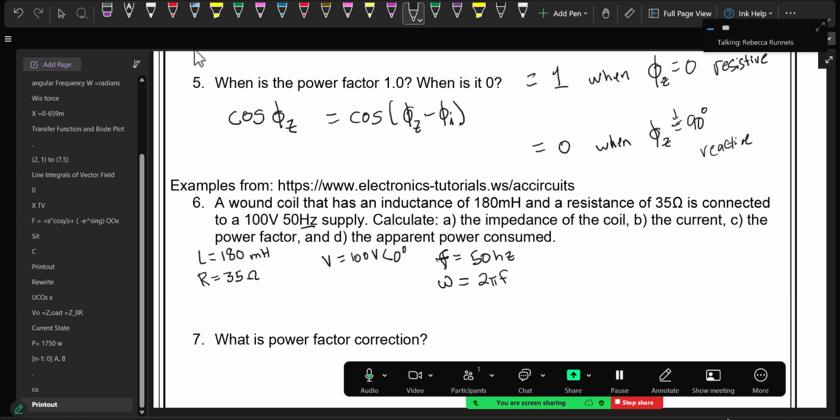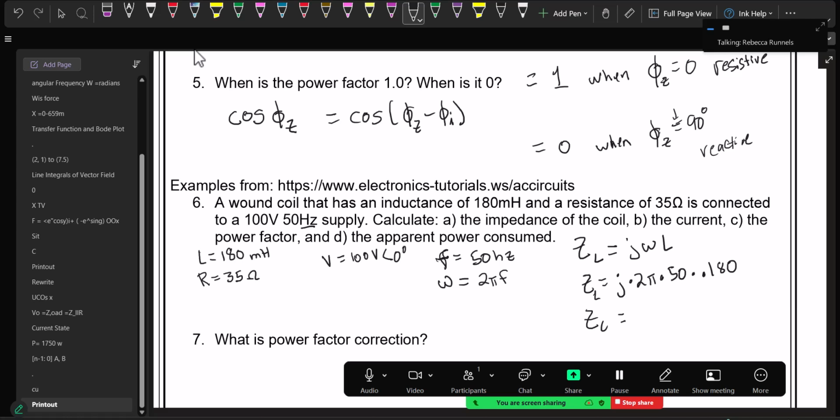So let's see. The impedance for our inductor is J omega L. So that would be J times 2 pi times 50 times 0.180.